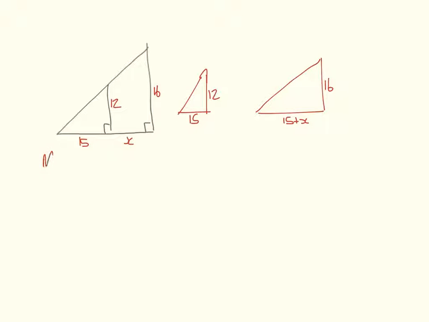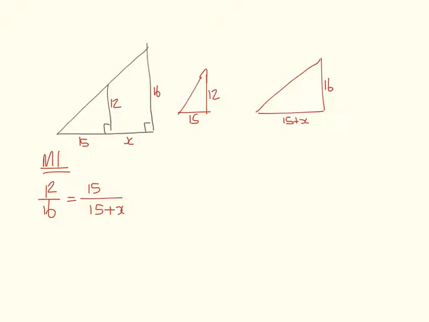So method 1, if they are similar to each other, then it means that I can take this and put it over that, thereby giving me 12 divided by 16 is equal to this on top of that, thereby giving me 15 divided by 15 plus x.